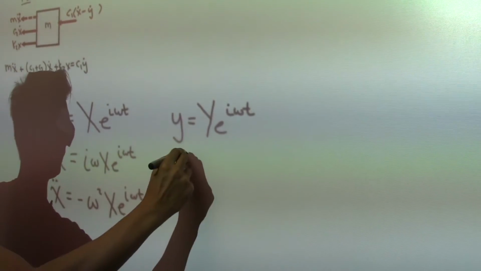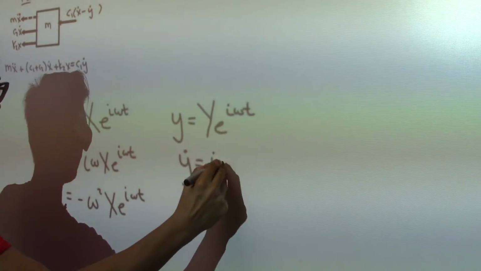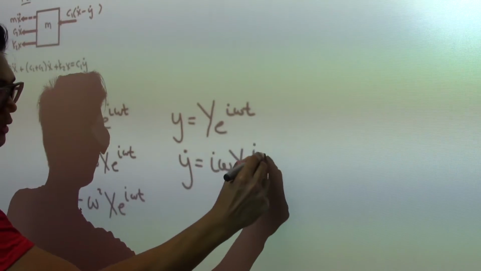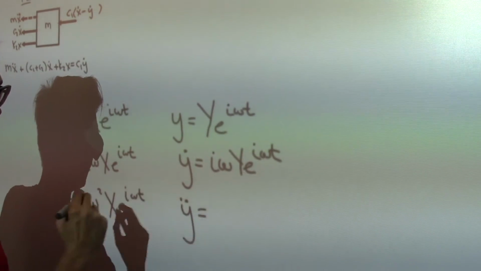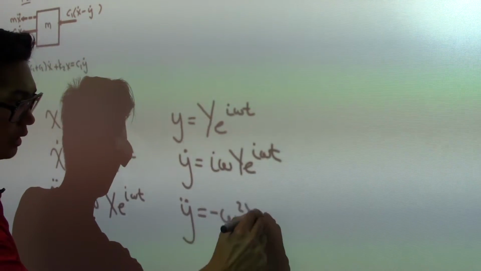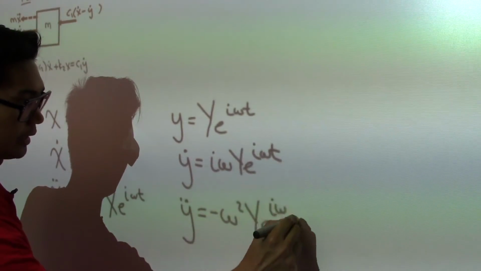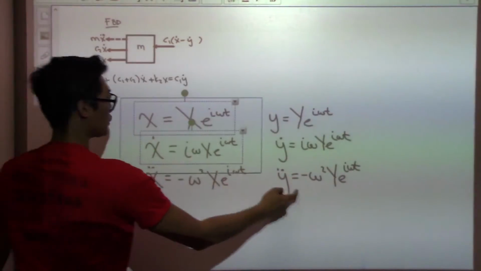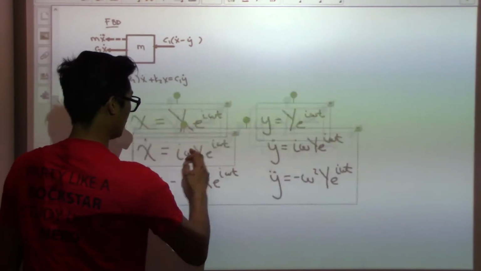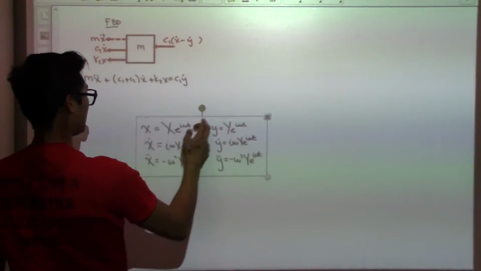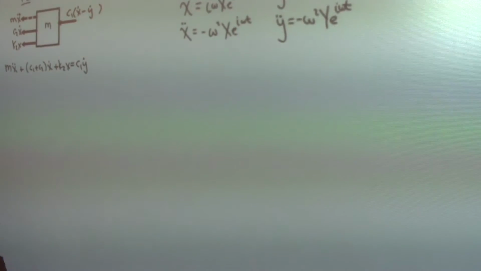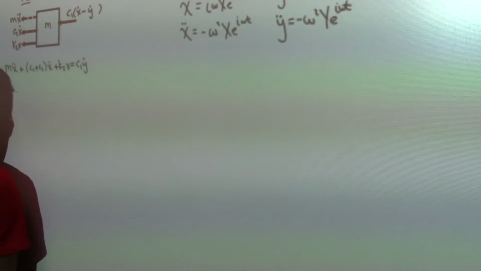This will give us y dot is equal to i omega Y e^(i omega t), and y double dot is equal to minus omega squared Y e^(i omega t). This is going to be the replacement we're going to do in this problem, and we're going to plug these into our equation over here.